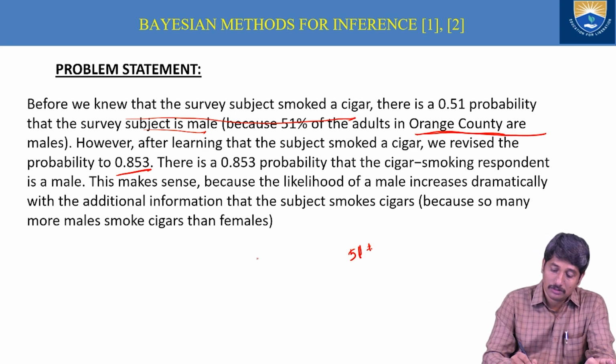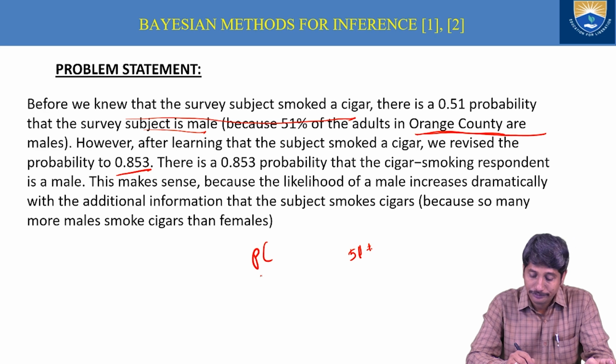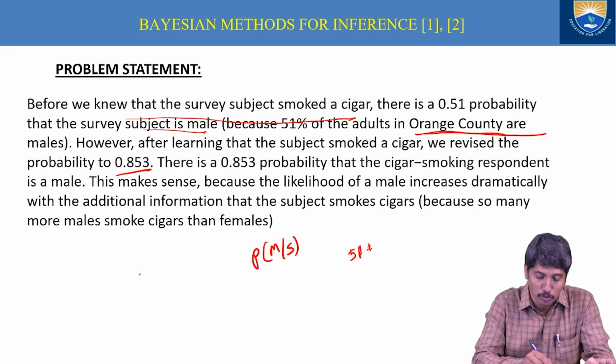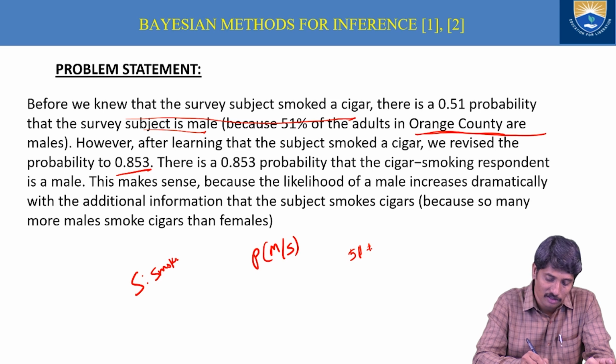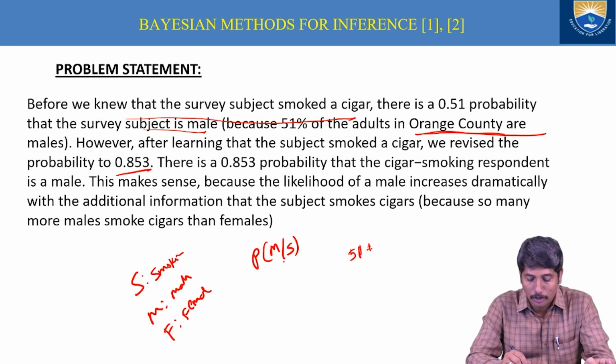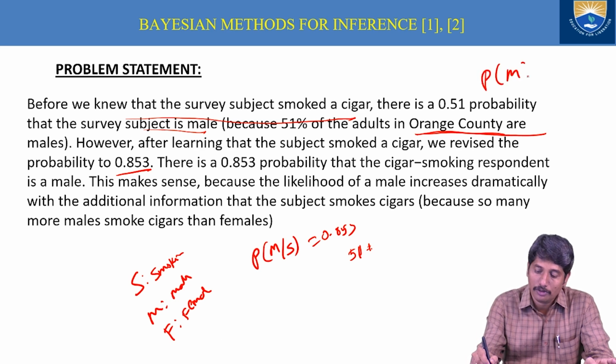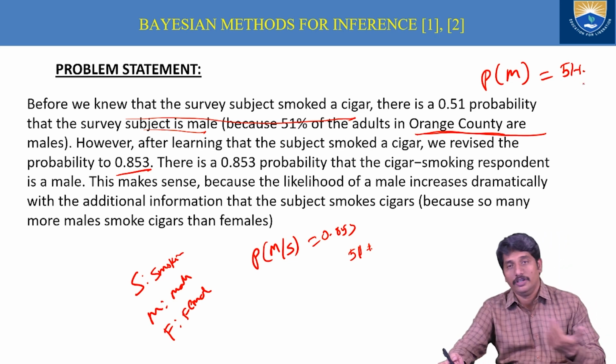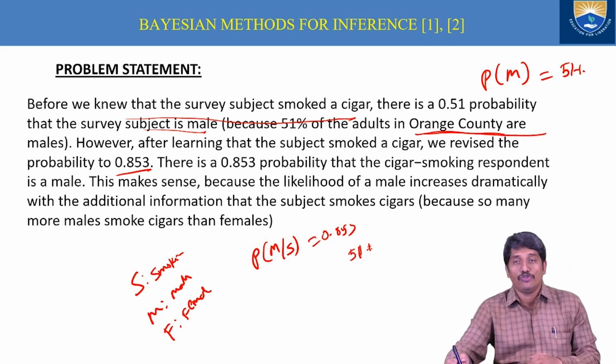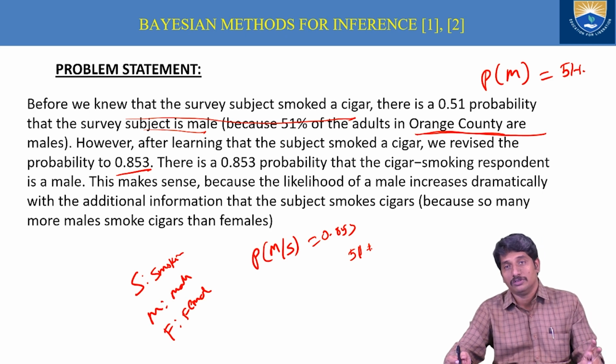That means the probability of m given s, where s means smoking, m means male, f means female, so the probability that a smoker found is a male is 0.853. But actually what we have is that 51% of the males in that county are smokers. We have already this idea. In Orange County, 51% of the males are smokers.